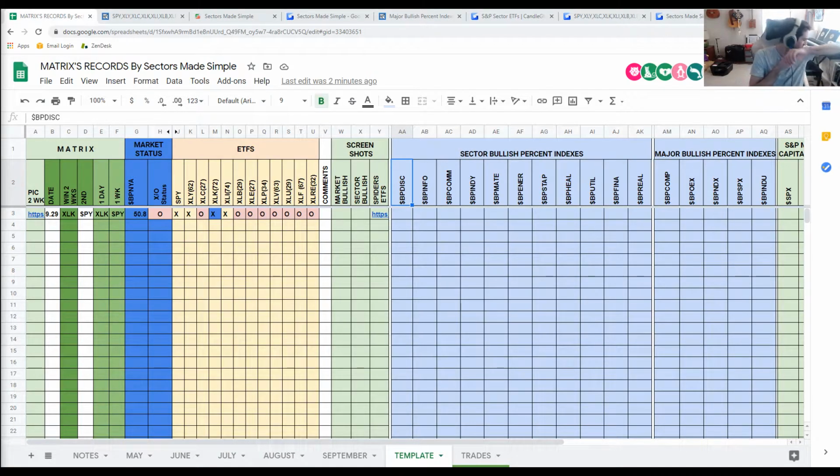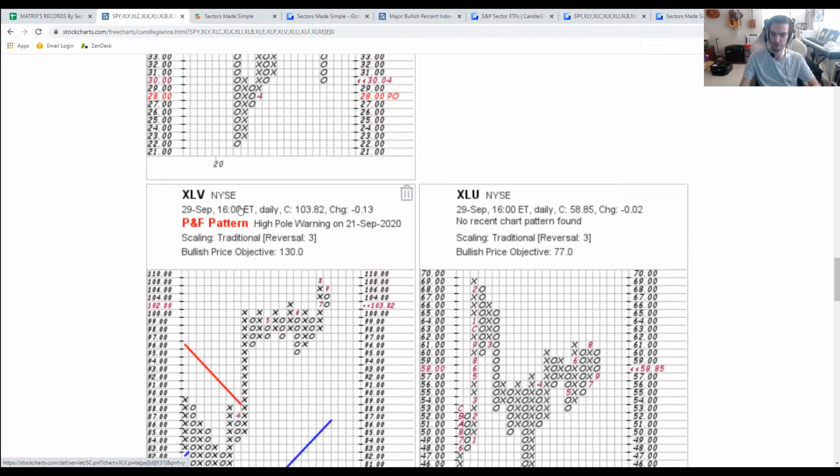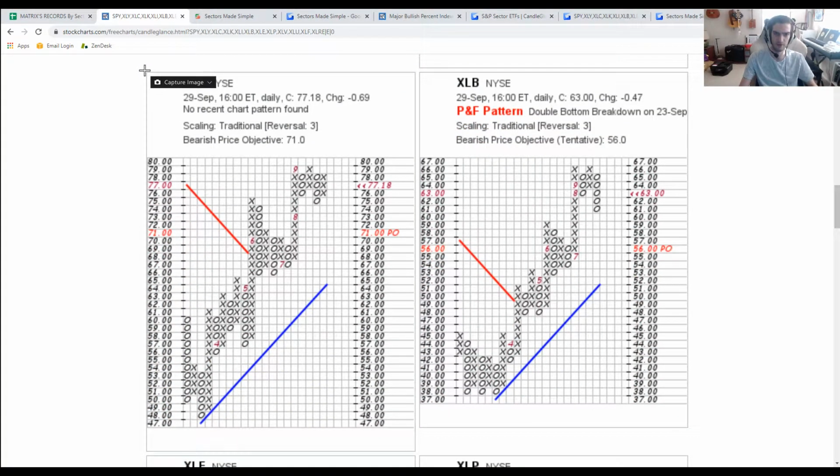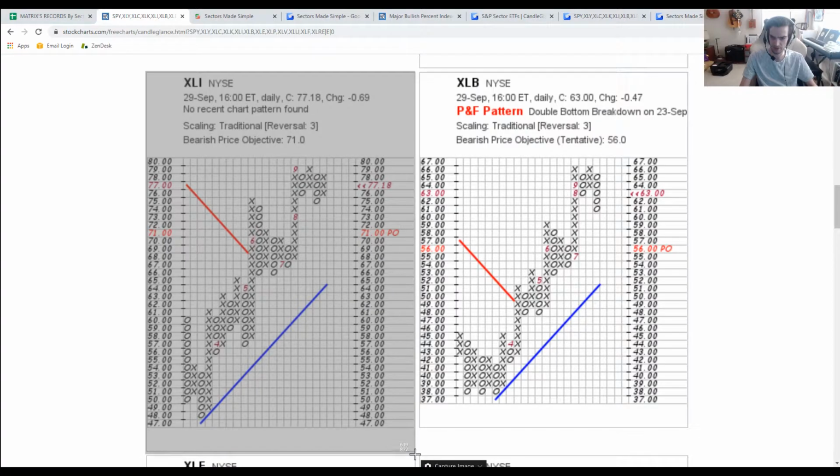One second. When it's in a column of O's, you don't want to be buying it per se. In my opinion, when it's in a column of O's, that means that the price is going down. Typically, you want to be looking to buy a sector or company when you have your double top breakout. Let's take industrials for an example.